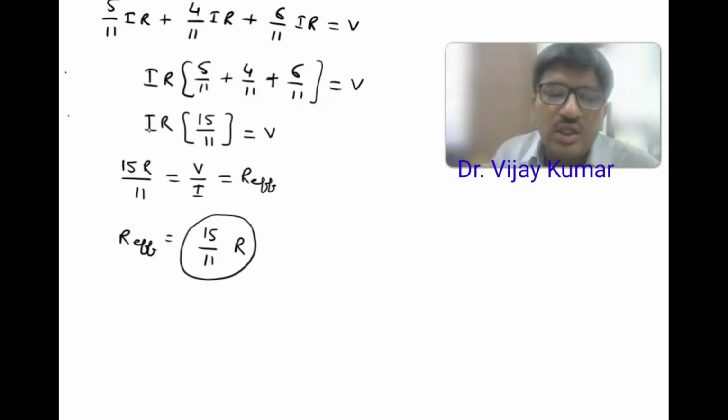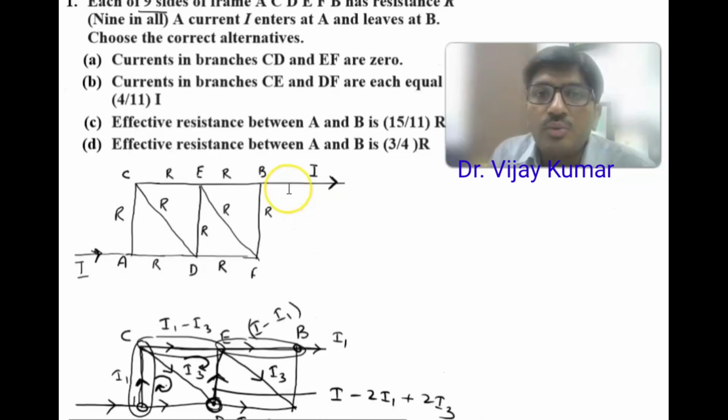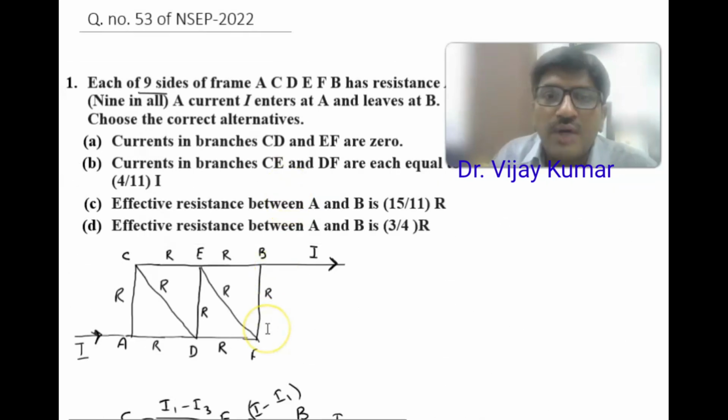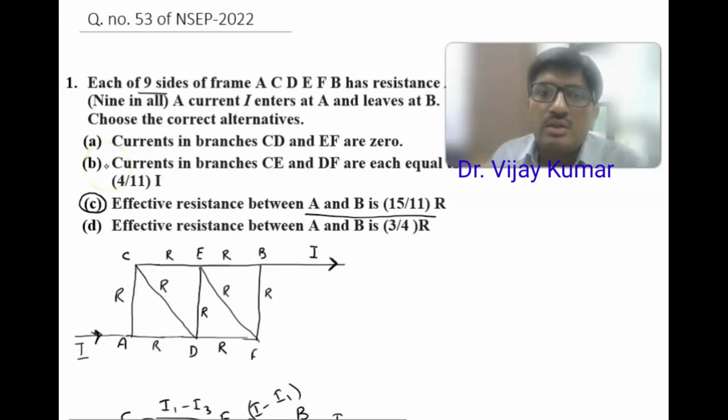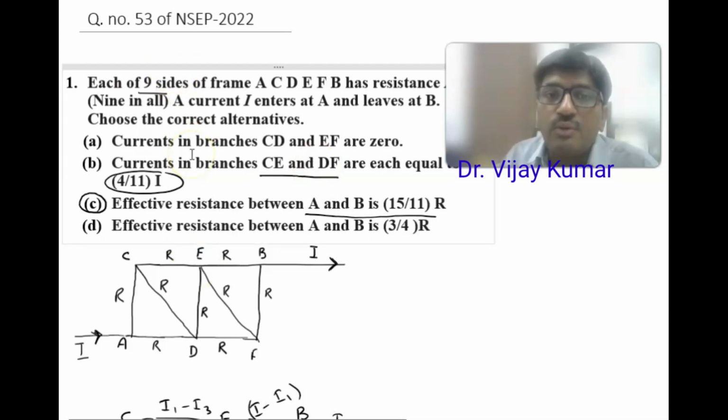Now we can check the options. The option saying the effective resistance between A and B is 15 by 11 R is correct, and the current in CE and DF is 4 by 11 I, which we have already determined. So it is also a correct answer.